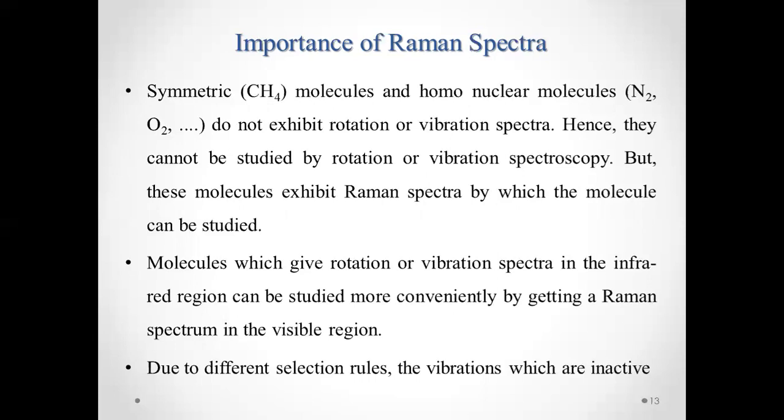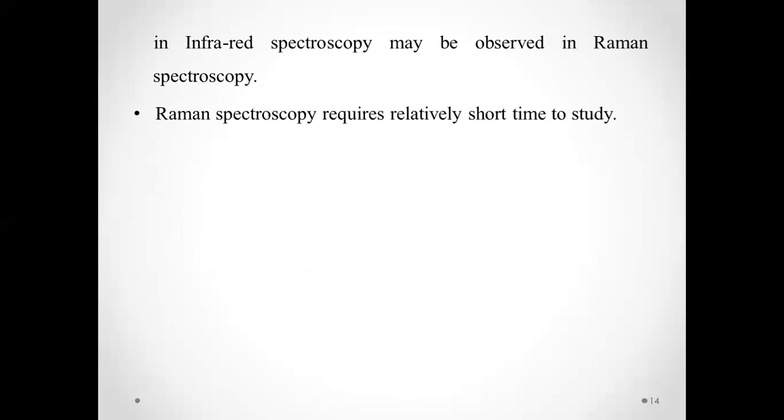Molecules which give rotation or vibration spectra in the infrared region can be studied more conveniently by getting a Raman spectrum in the visible region. Due to different selection rules, the vibrations which are inactive in infrared spectroscopy may be observed in Raman spectroscopy.